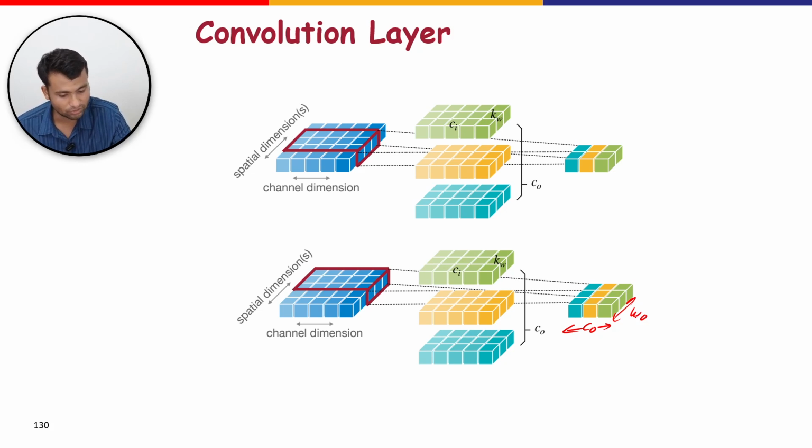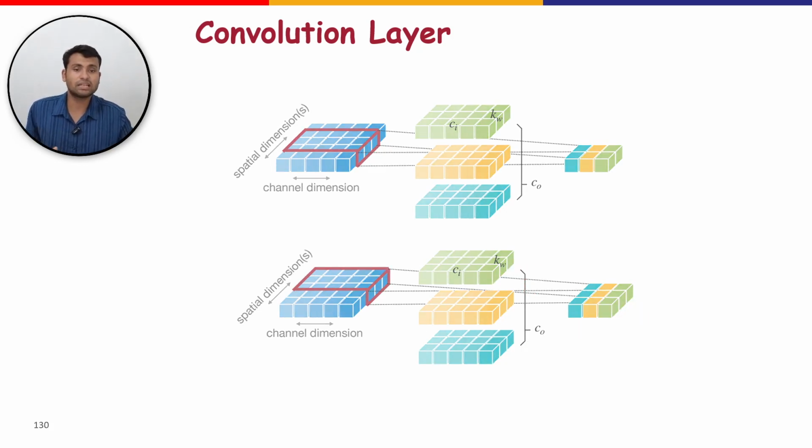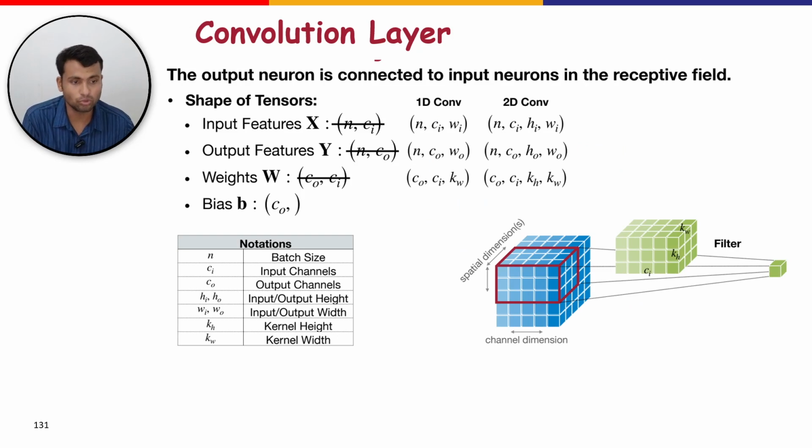This is in our control, right? So if I want a particular CO, then that many filters I need to choose as the number of filters, because that is how I'm generating my channel dimension in the output. If we extend the same concept, based on the WO, I have to choose KW. There is a mathematical relationship which will become clearer after we study the 2D convolution.